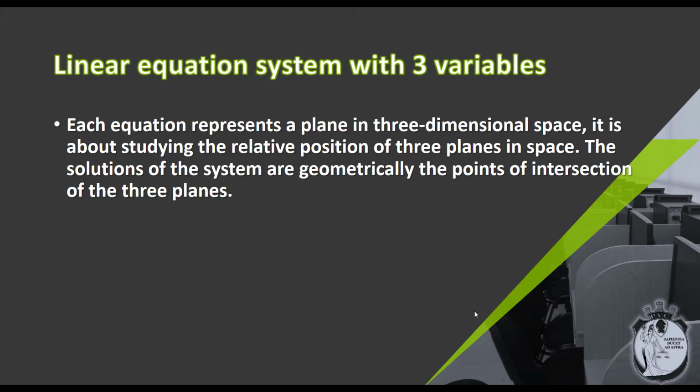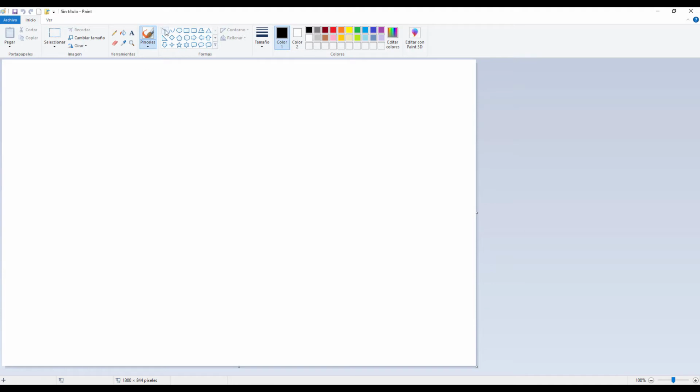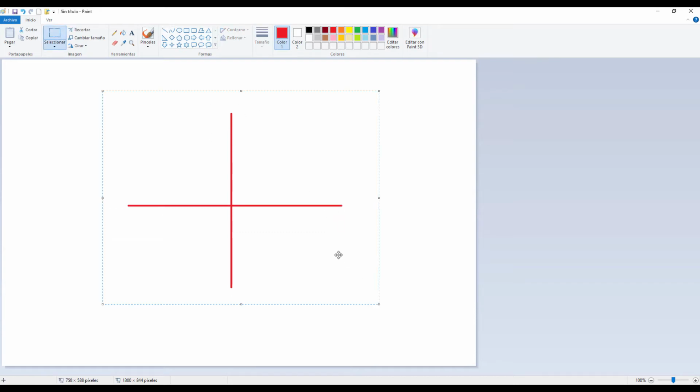It's not too easy to find the intersection of three planes of the linear equation system.